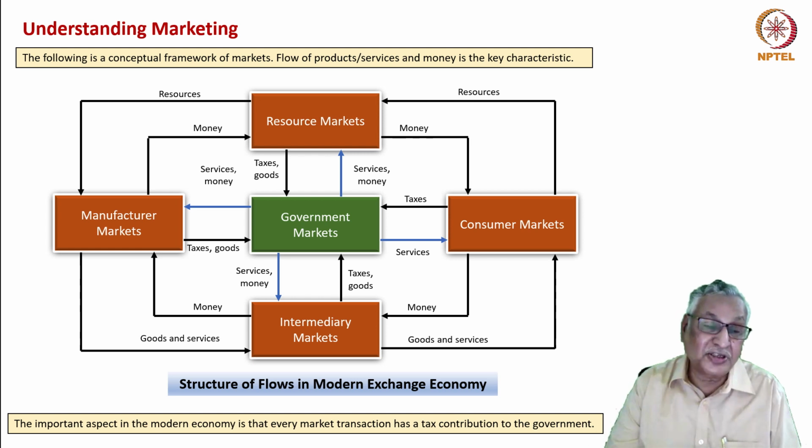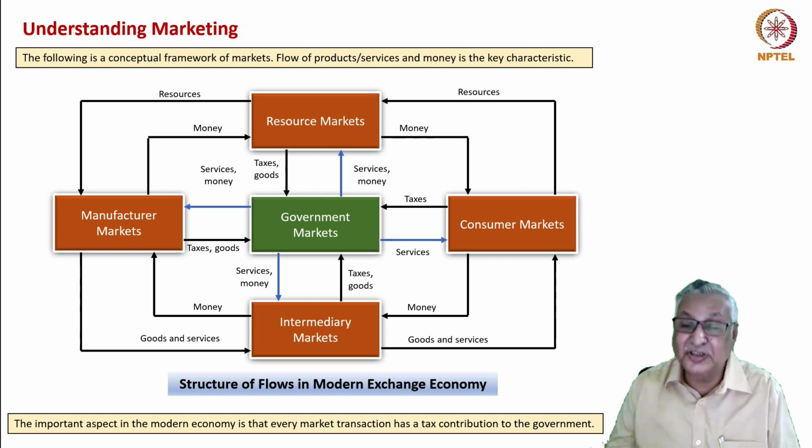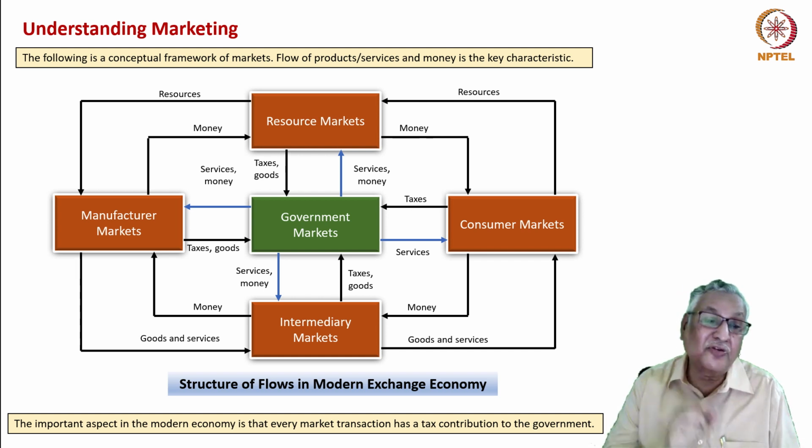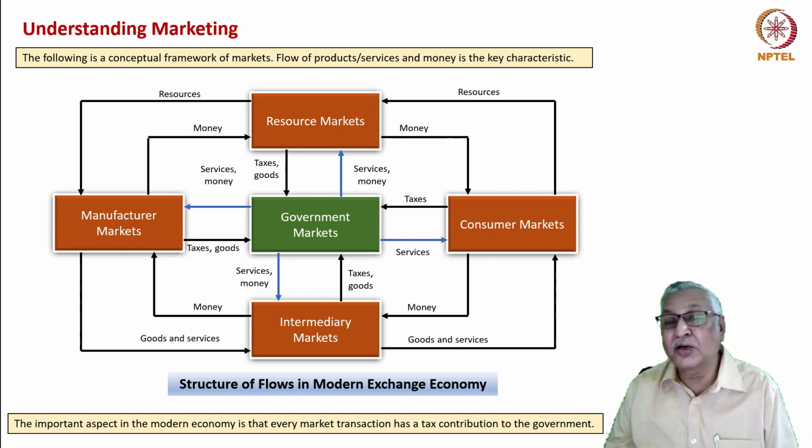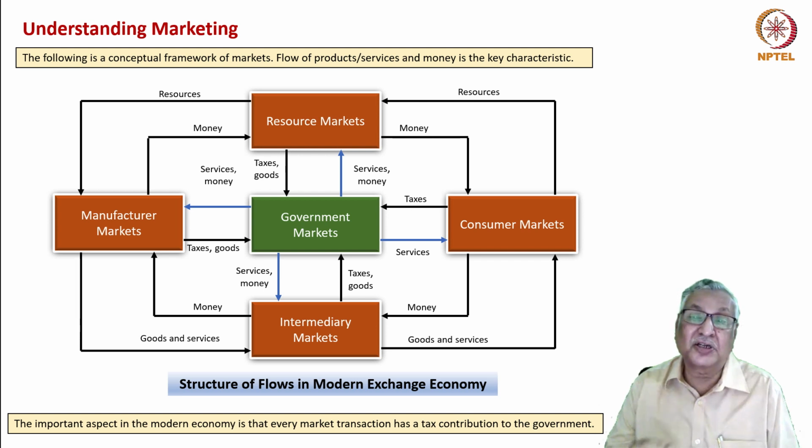Then we have manufacturer markets. The existence of consumer markets is fulfilled only when the manufacturers have the capability through their marketplaces to provide products and services. In doing so, as I said, they utilize the resource markets for financing. Similarly, consumer markets utilize the money that comes from the resource markets to sustain their ability to buy products.